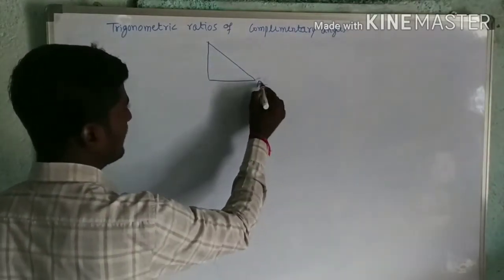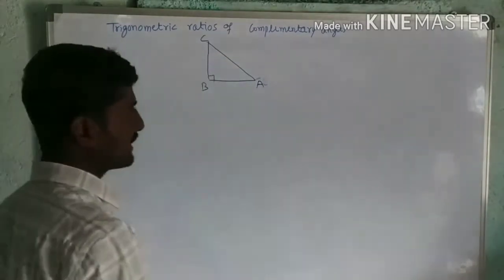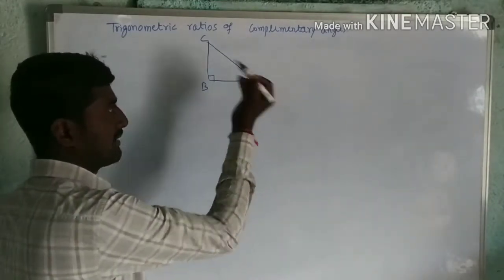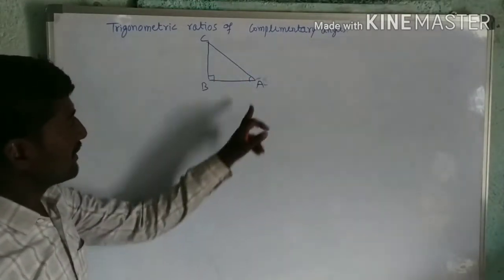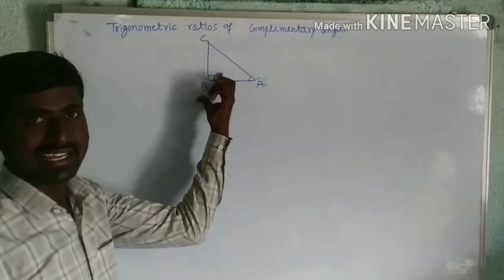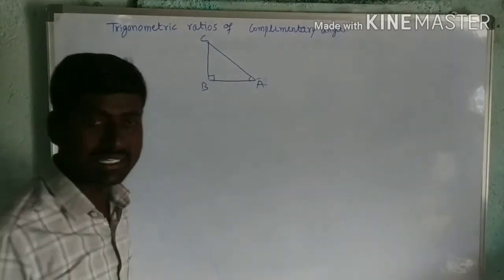This is angle A, this is B and this is C. Angle B is 90 degree. The sum of these two angles must be 90 degree, so angle A plus angle C must be equal to 90 degree.